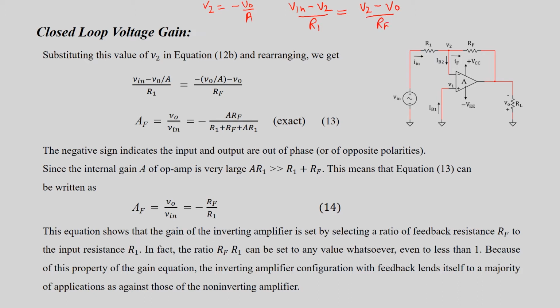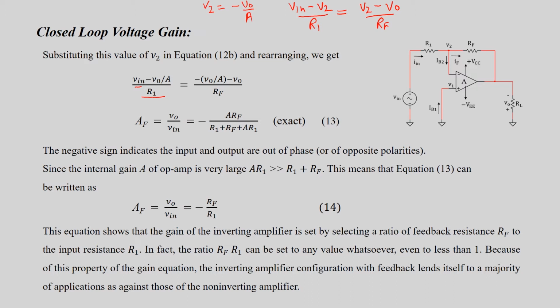Now we can write this equation as Vin minus V0 by A divided by R1 equal to minus V0 by A minus V0 by RF.